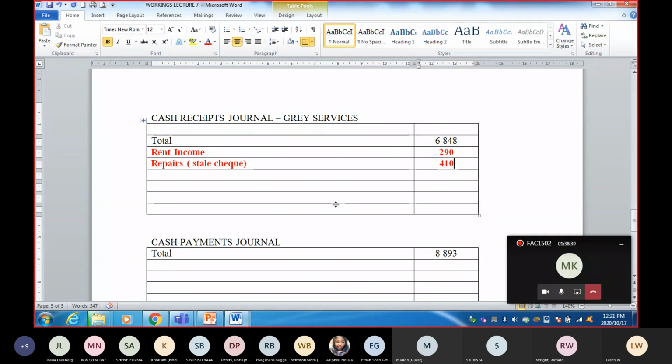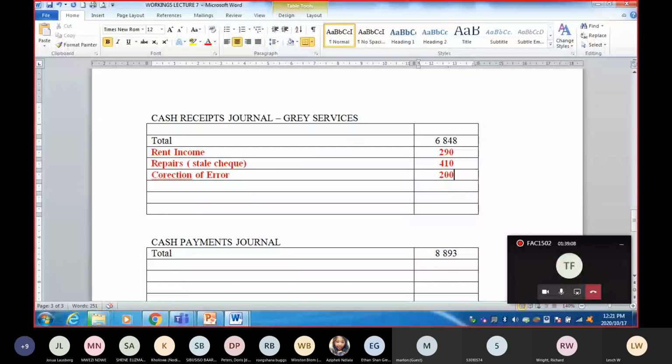So we recorded 200 Rand too much in our cash payments journal. We will rectify that now with an entry in our cash receipts journal. So in your cash receipts journal, you will write there correction of the error. And the error will be corrected. Entry for 200 Rand in your cash receipts journal.